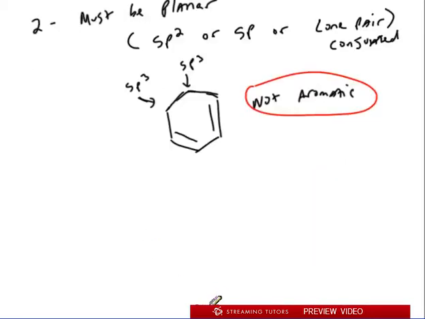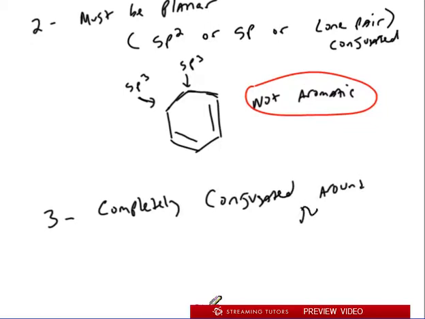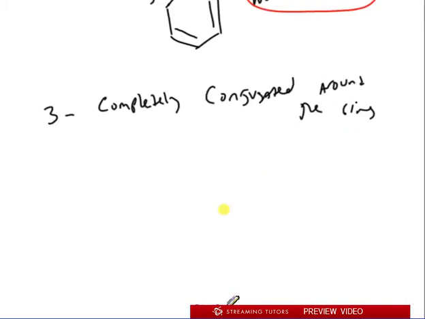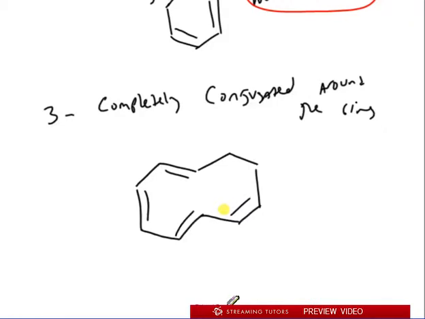Rule number 3. Rule number 3 says that it must be completely conjugated around the ring. Now, by the way, let me just make that clear, the periphery of the cyclic system. So in other words, if I have, let's say, a ring system like this, okay, and there's a double bond, double bond, double bond, double bond, double bond.